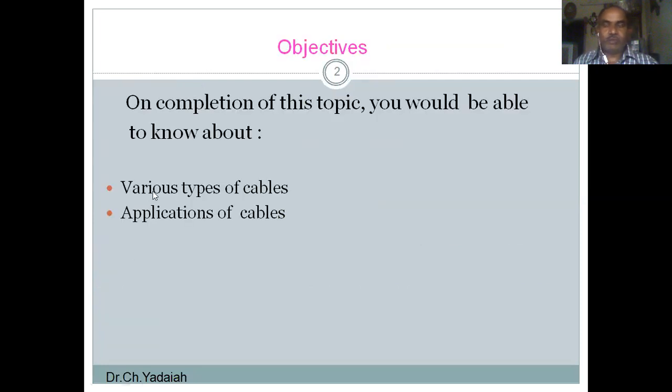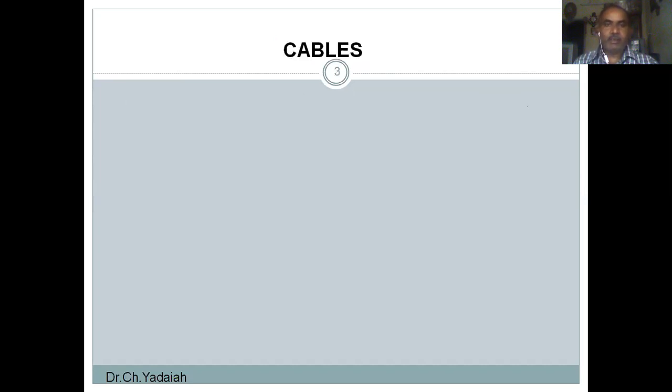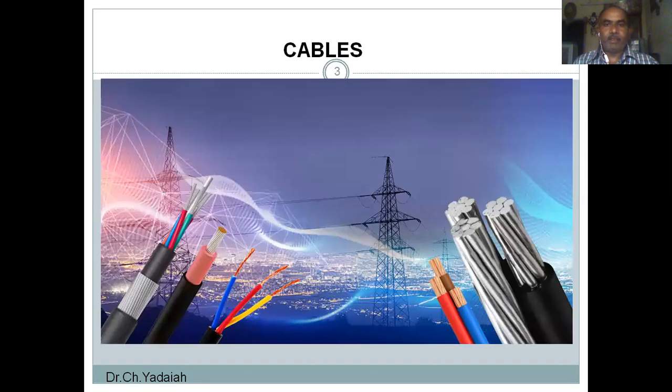So the main objective today is to know the various types of cables generally used in electrical engineering, as well as in the field, and their applications. Now let us see cables. Cables are nothing but conductors.